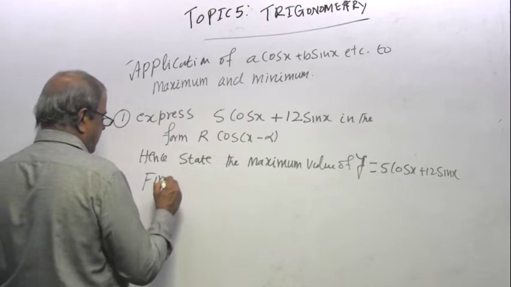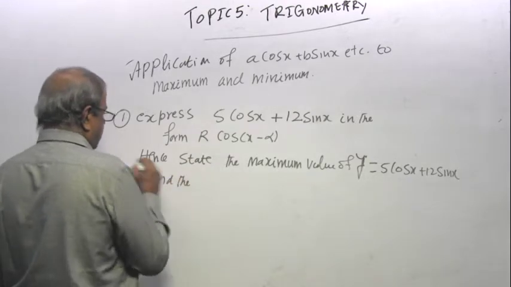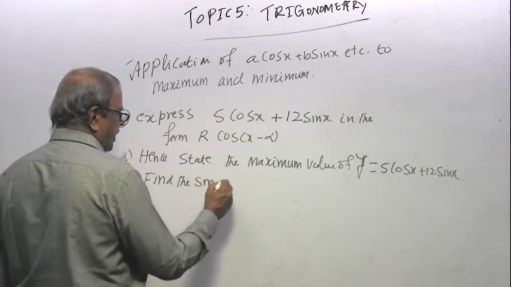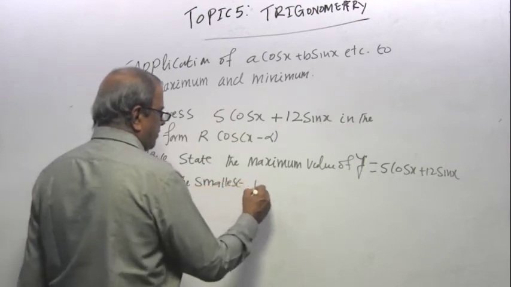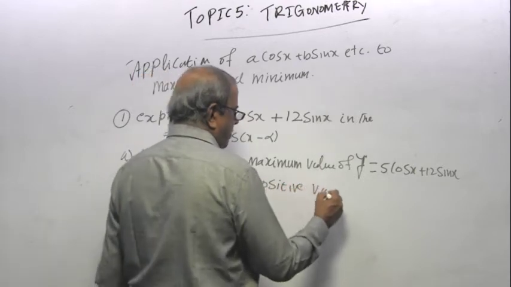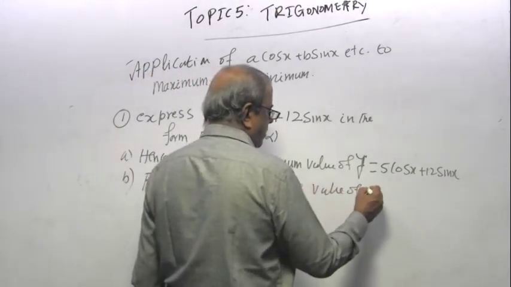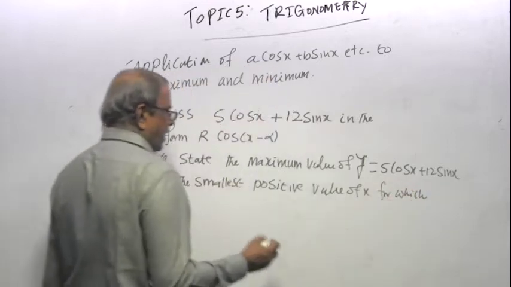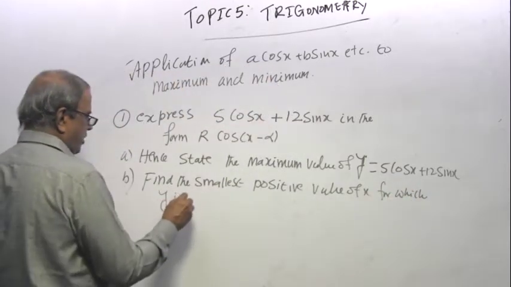That's part A. Part B: find the smallest positive value of x for which y is maximum.